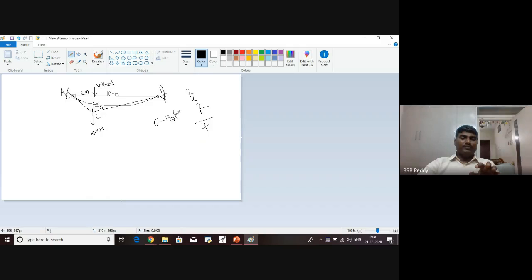So 6 equilibrium equations. Now you need 7. Then what about the other one? It should be given, or it should be measured, something like that. So what I assume here is, let us assume y at C is equal to 0.5 meters, as a given.